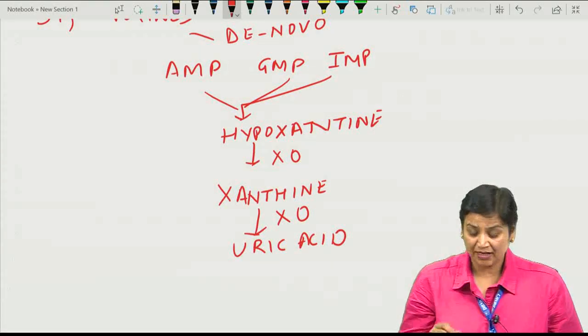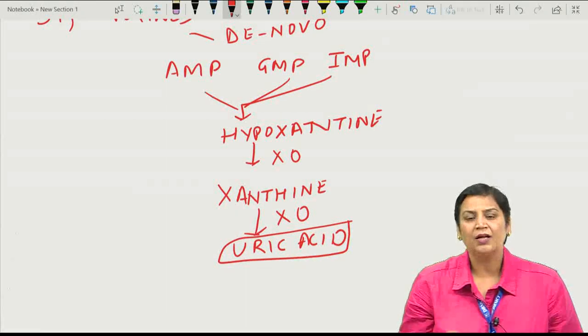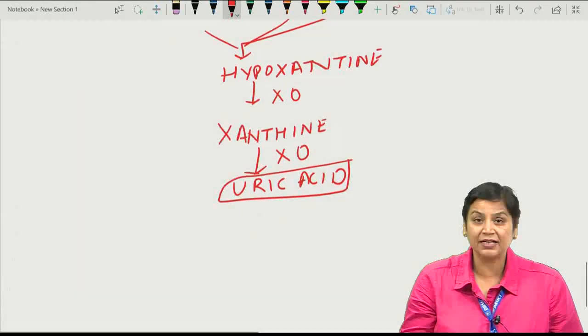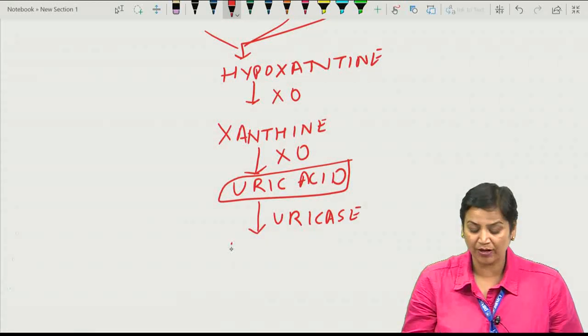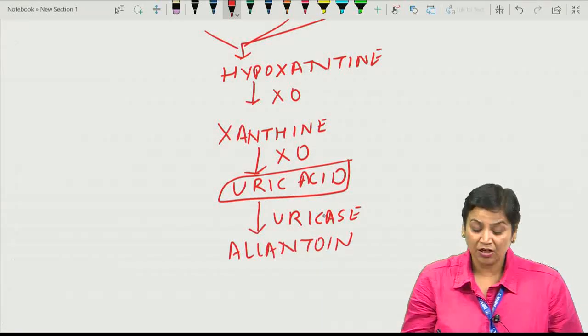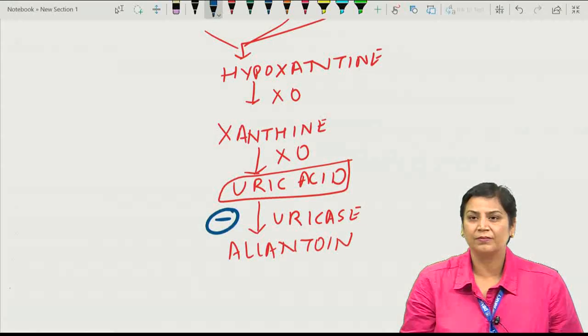Now what happens is, in non-primates, in human beings, uric acid is the end product of purine catabolism. But in non-primates, this uric acid in the presence of the uricase enzyme forms allantoin. But human beings lack this enzyme.